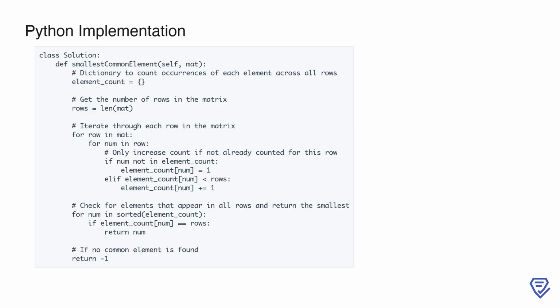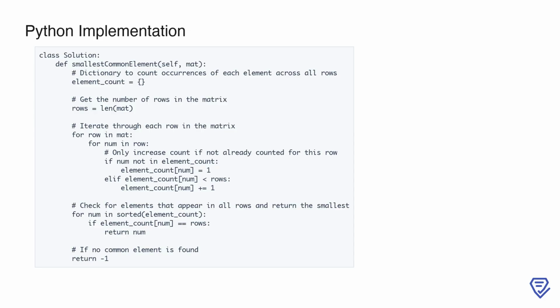4. The algorithm iterates through each row of the matrix. For each number in the row, if the number is not already in element_count, it is added with an initial count of 1. If the number is already in the dictionary and its count is less than rows, to avoid overcounting duplicates within the same row, the count is incremented by 1. 5. After processing all rows, the dictionary contains the count of each number across rows.